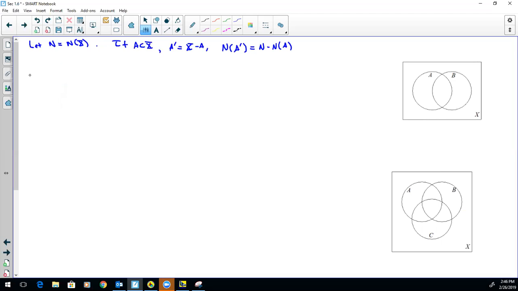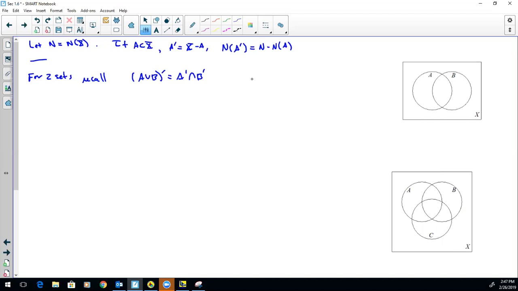Okay, now for 2 sets. Let's recall De Morgan's laws, which says the complement of the union is the intersection of the complements.